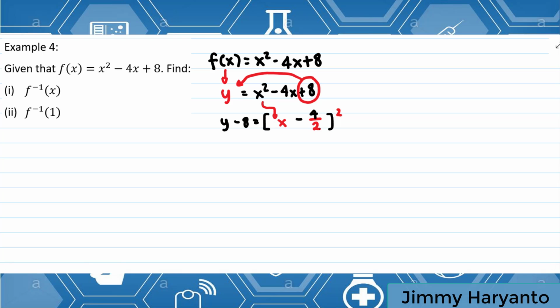And then you have to write this one also negative. It's also negative. Sorry, it's always negative. And then you rewrite the numbers, 4 over 2. Yeah, and then you write the square at the last bracket.